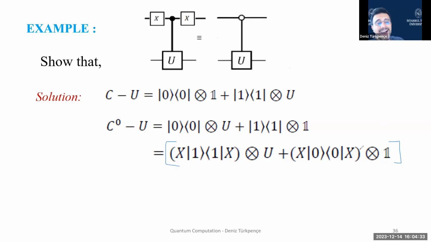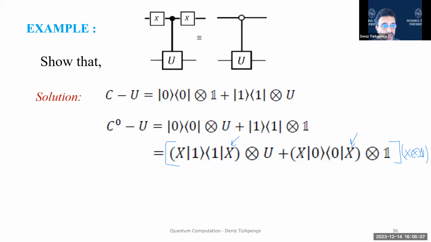I will take this X and this X on the right of the parenthesis, okay? But I cannot write simply X, because this X is in the first order. So what I should write is the following. I should write X tensor product 1 here.